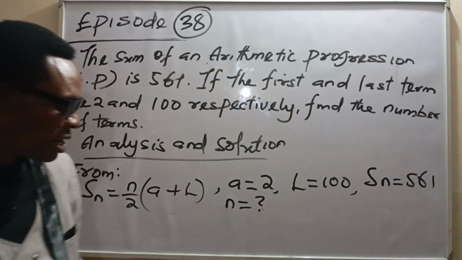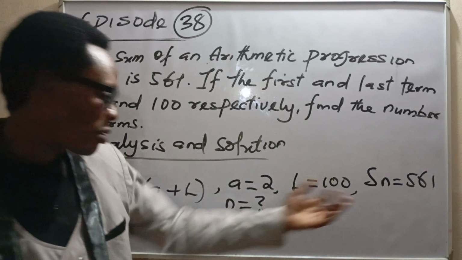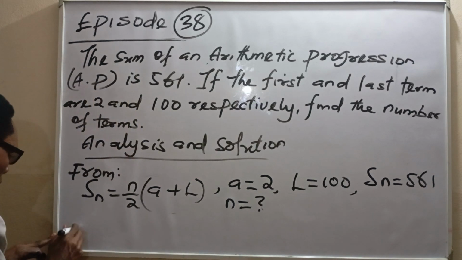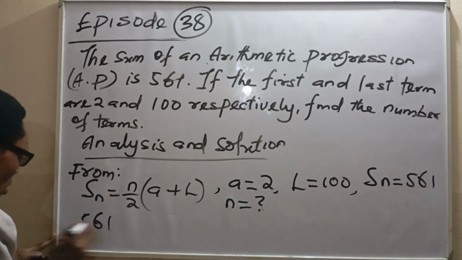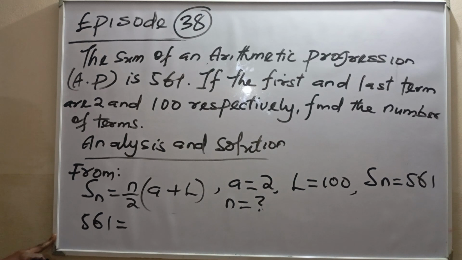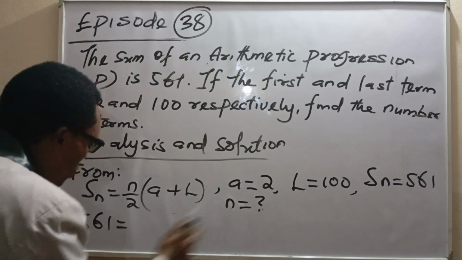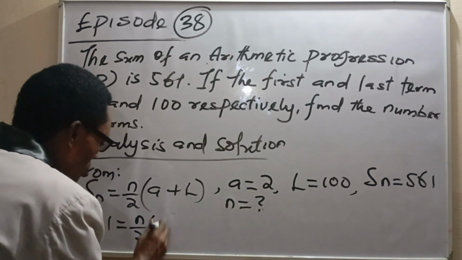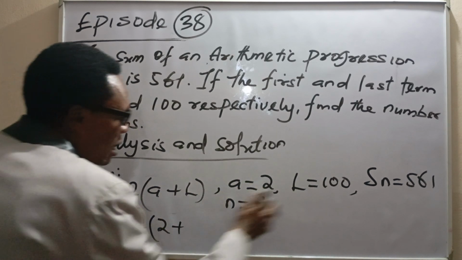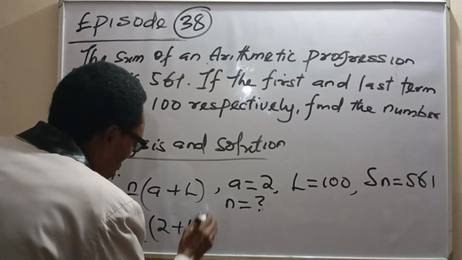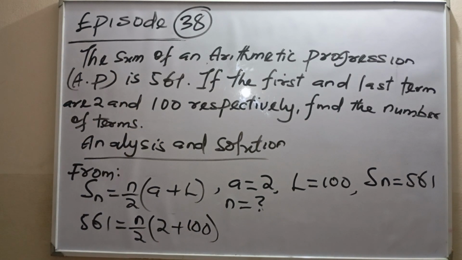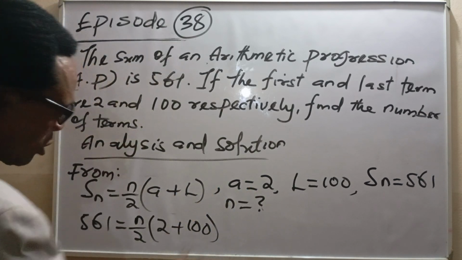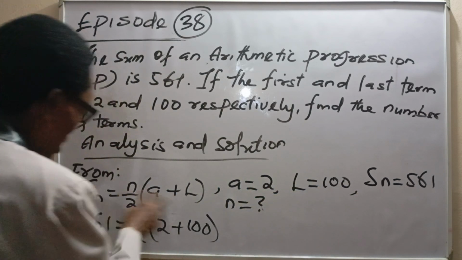So all we need to do is substitute these values into the formula. 561, which represents the sum, equals n over 2, open bracket, our A is 2 plus our L is 100.